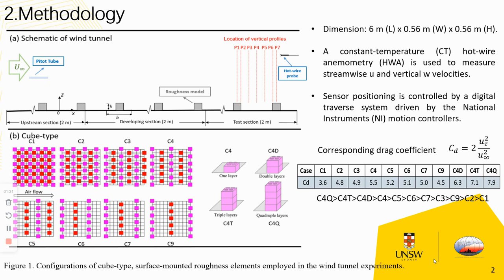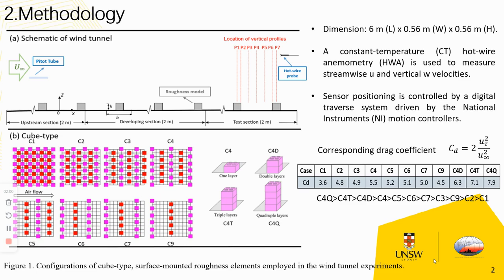This is the layout of our cube-type configuration in our wind tunnel. In addition, the height of the cubes was increased by mounting double, triple, and quadruple Lego block layers to increase the drag coefficient.